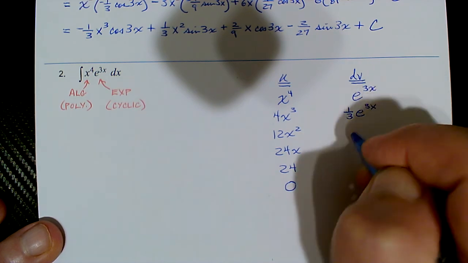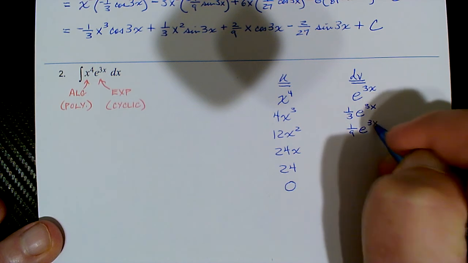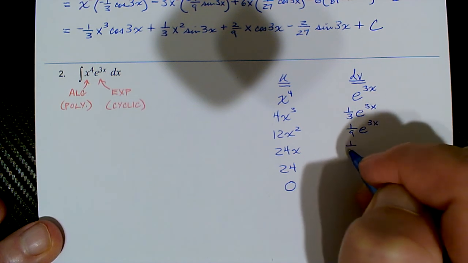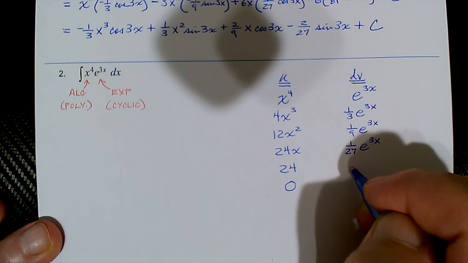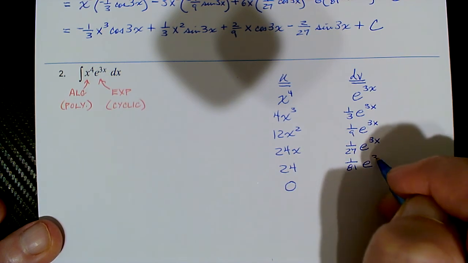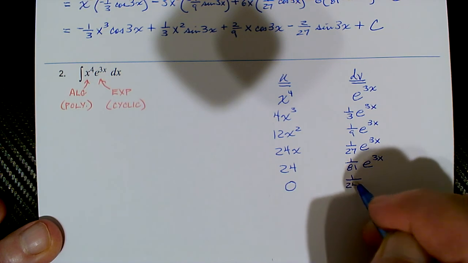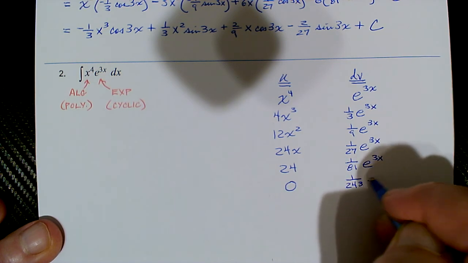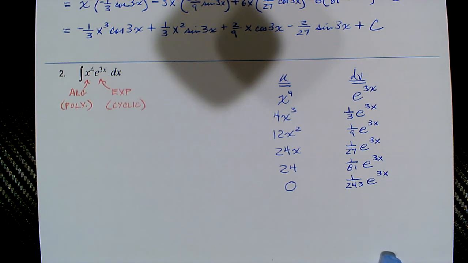So 1/3 e to the 3x, another factor of 1/3, 1/9 e to the 3x, another factor of 1/3, 1/27 e to the 3x, another 1/3, 1/81 e to the 3x, and finally another factor of 1/3, 1/243 e to the 3x. And then all of the calculus is finished.